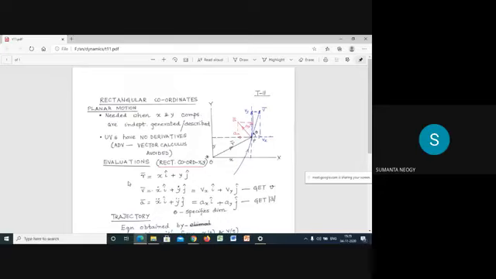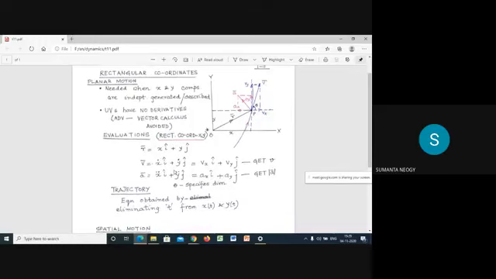And the advantage of this coordinate is, since i and j are in fixed direction and they are unit vectors, they will have no derivative, and this is the strong positive point of this method. And therefore, as you have done earlier, you can very well recapitulate this, which we are not going to describe.